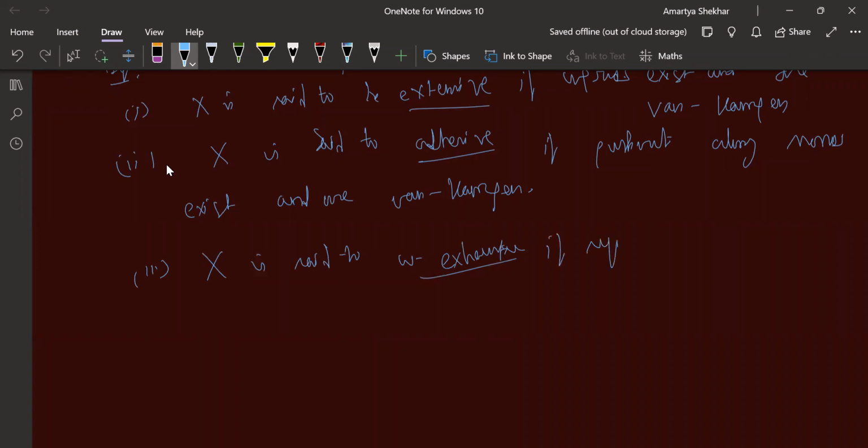If sequences of monos that form an omega-indexed diagram in our category X have colimits that are Van Kampen.